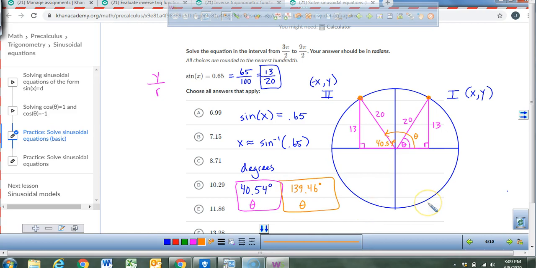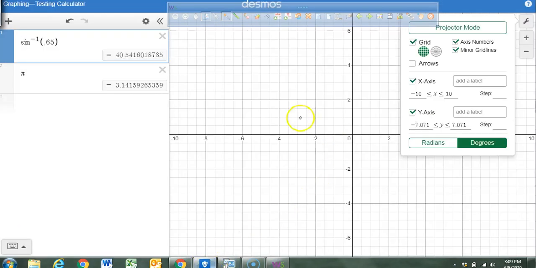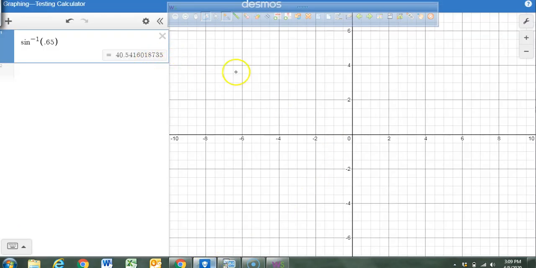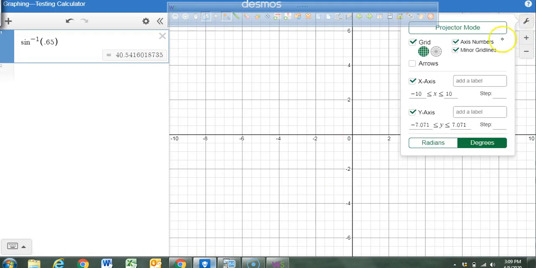But what we have to do is convert that into radians, which won't be very hard. All we've got to do is go over here and just convert it to radians, which is 0.707. Now, if you wanted to do it by hand, how would you do that?